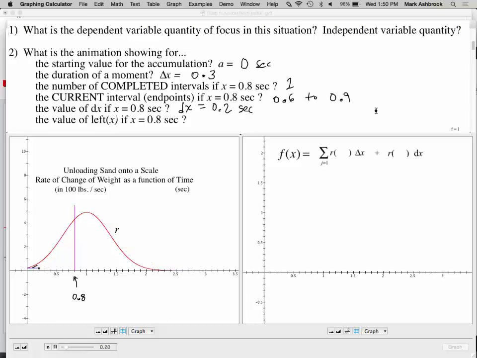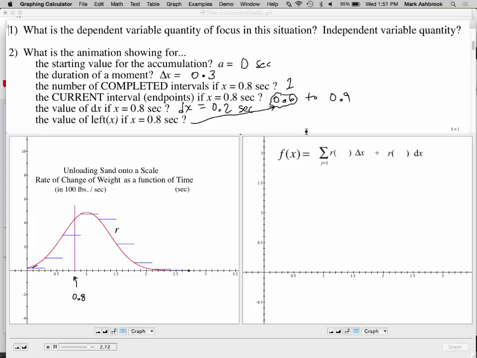Okay, what's the value of left x if x is 0.8? It's the x value at the left side of this interval. 0.6. Left x will be the x value at the left side, or the starting x value of the interval. And why is that important? Yeah.